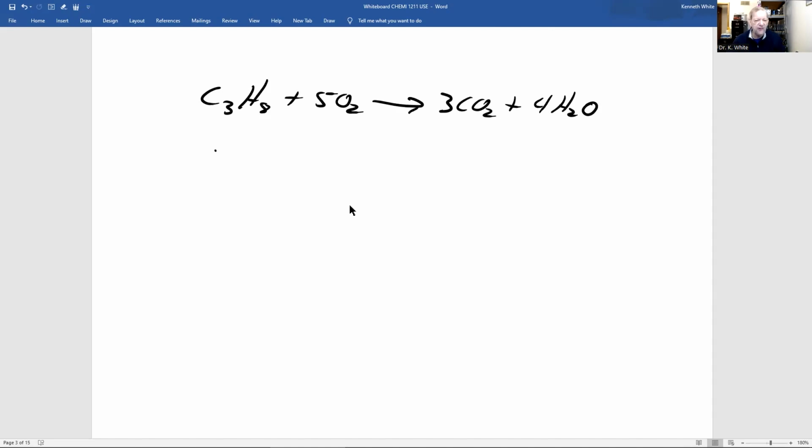And for this balanced equation, C3H8 is propane. That's the stuff you use for your barbecue.